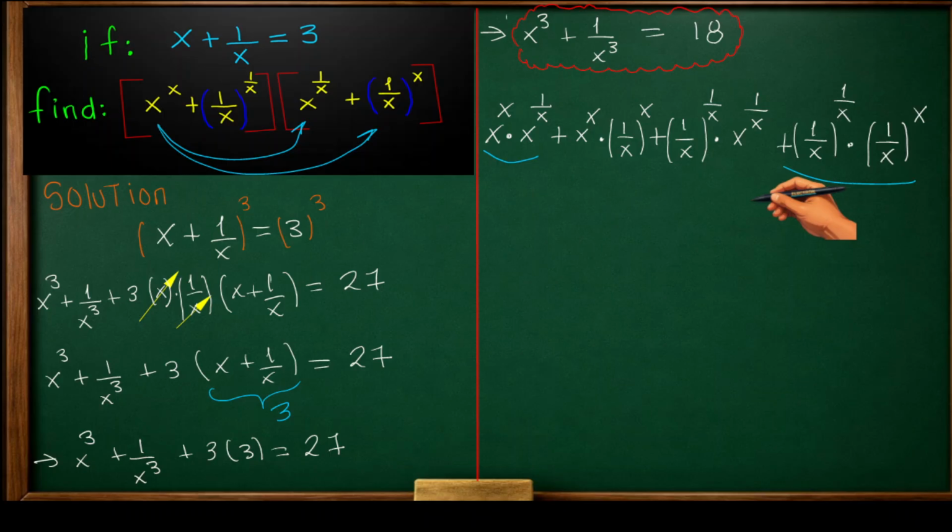If the bases are the same, we add the exponents: x to the x plus 1 over x, plus 1 over x to the x plus 1 over x.